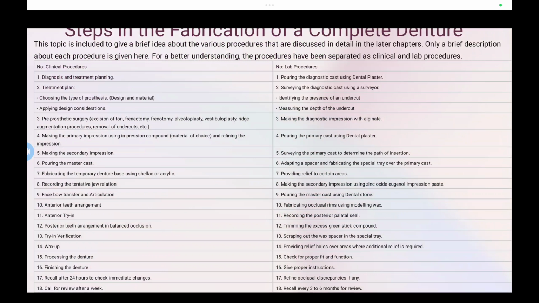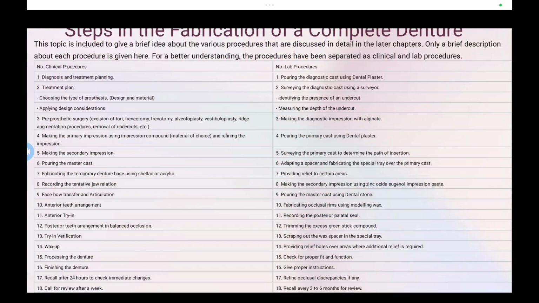After making the complete treatment plan, choosing the type of prosthesis to be given to the patient, the design and the material, and applying the design considerations. It means that according to the health of the patient and the shape and consideration of the oral cavity, what design should be given to the patient.